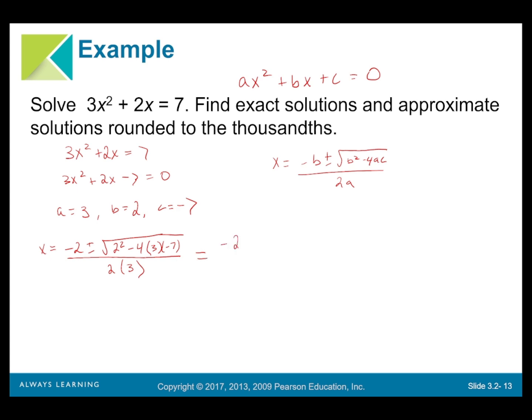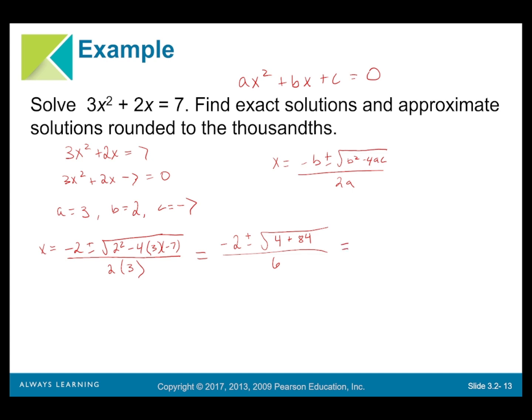Wonderful. Let's simplify a little bit. Starting with what's under the square root, I have 4, and then I have a -4 times 3, which is 12, then 12 times 7 is 84. So I have a -4 and a -7, that becomes a plus 84 divided by 6, 2 times 3.